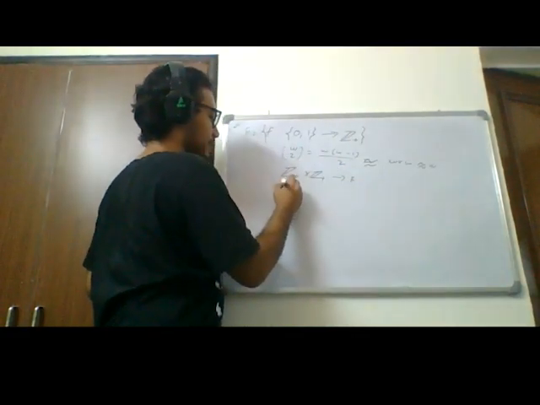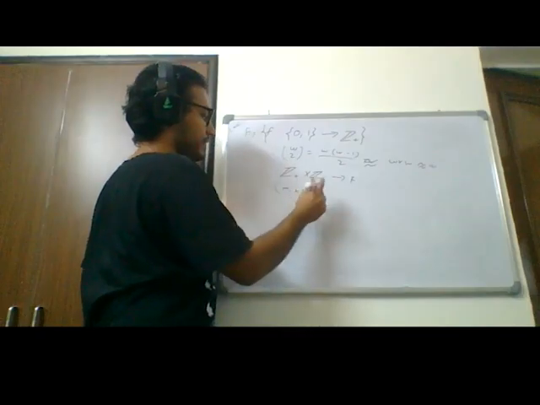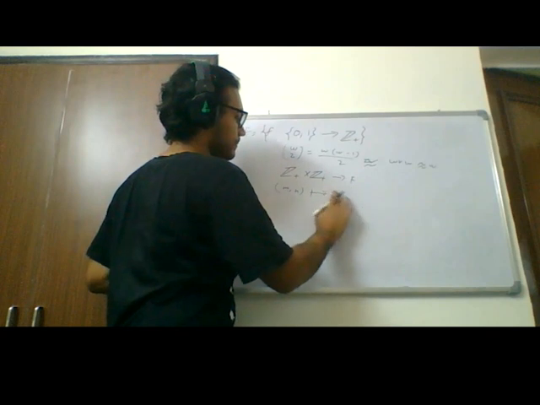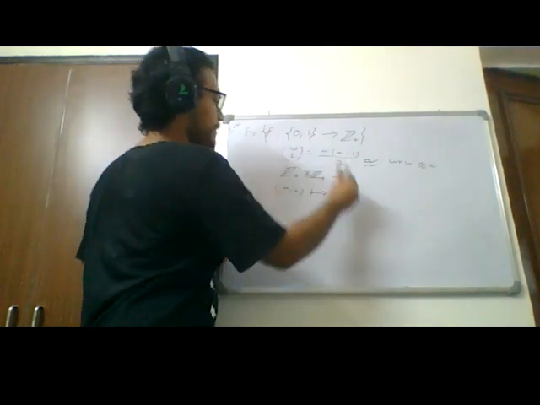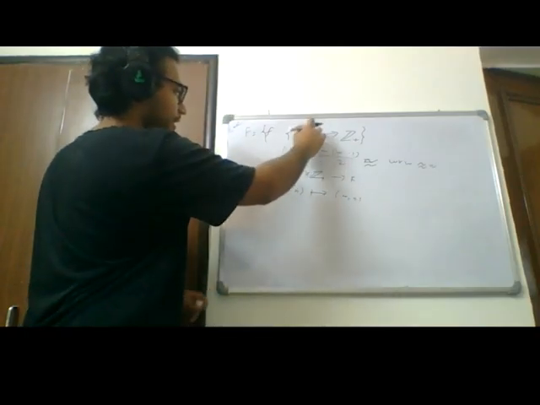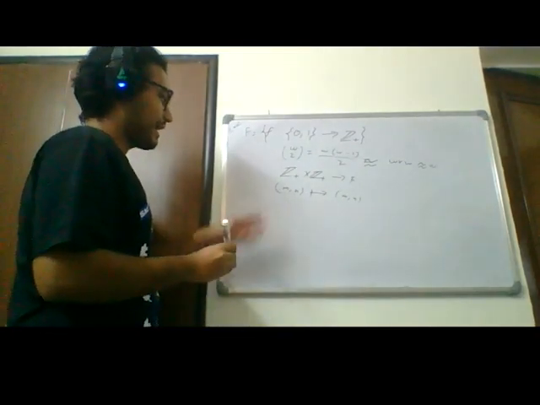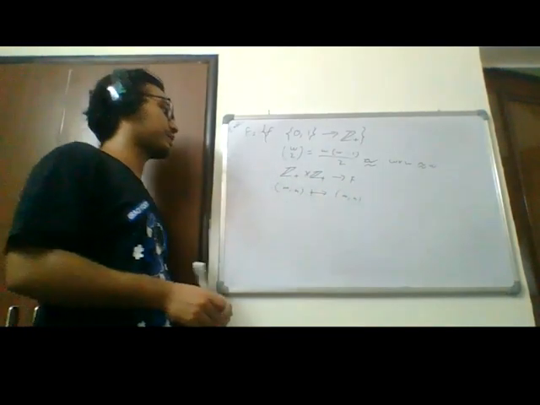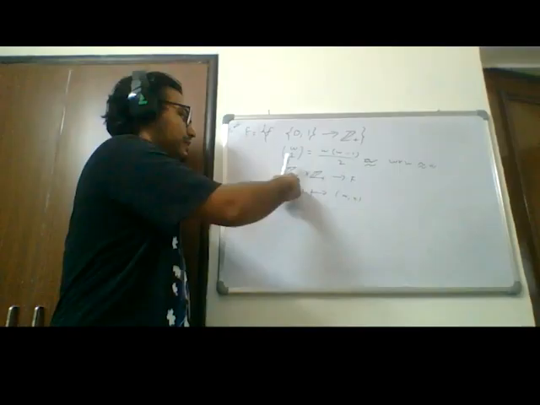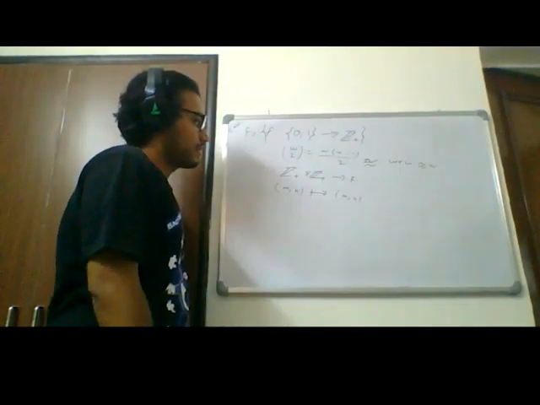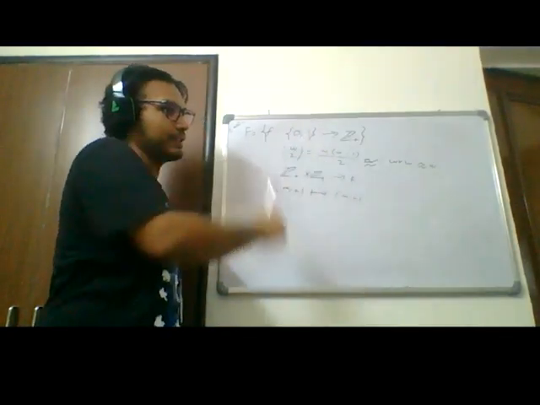This m, n maps to f of essentially m, n. The first coordinate goes to m and the second coordinate goes to n. And this is a surjective function because it doesn't necessarily mean that we're going to get a function every time. But since z cross z is countable and the map is surjective, therefore it's countable.